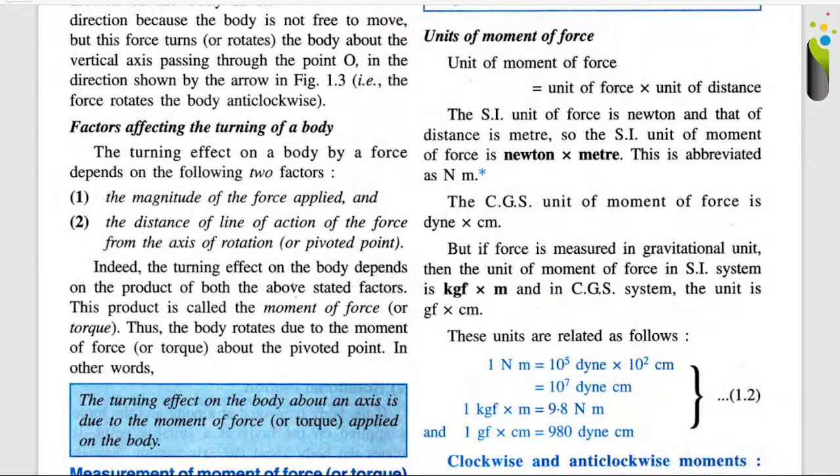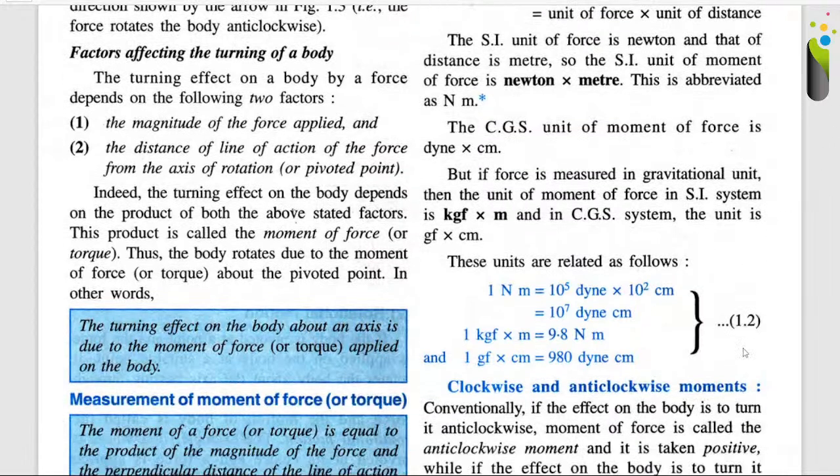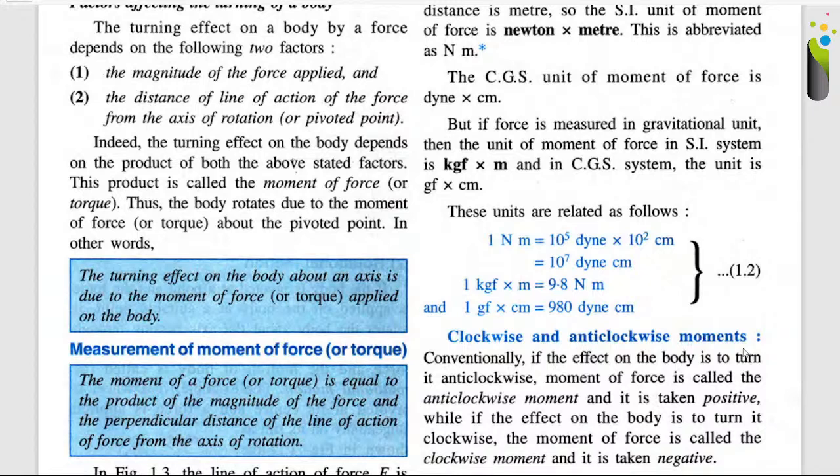The CGS unit of moment of force is dynes into centimeter. But if force is measured in gravitational unit, then the unit of moment of force in the SI system is kgf into m, and in CGS system the unit is gf into centimeters.